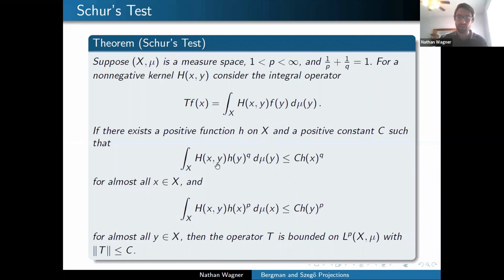One factor is going to be controlled using the first condition. Then you'll have this times the other factor, which you need to integrate, and then you use Fubini's theorem, and then you use the other condition. It takes some doing, but hopefully you at least believe that something like that would prove this result.